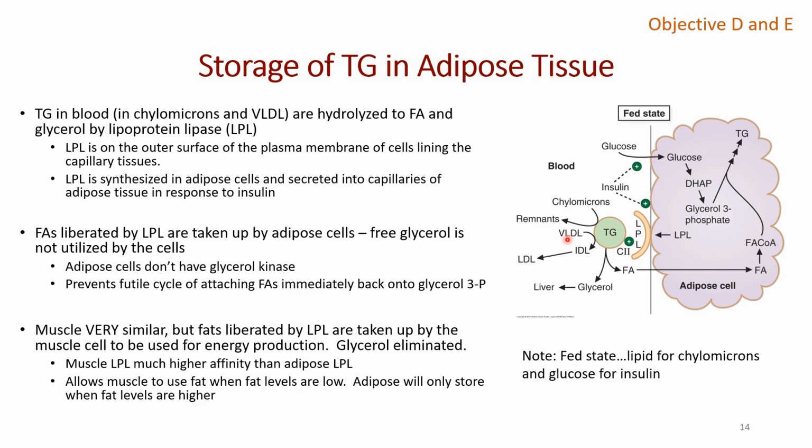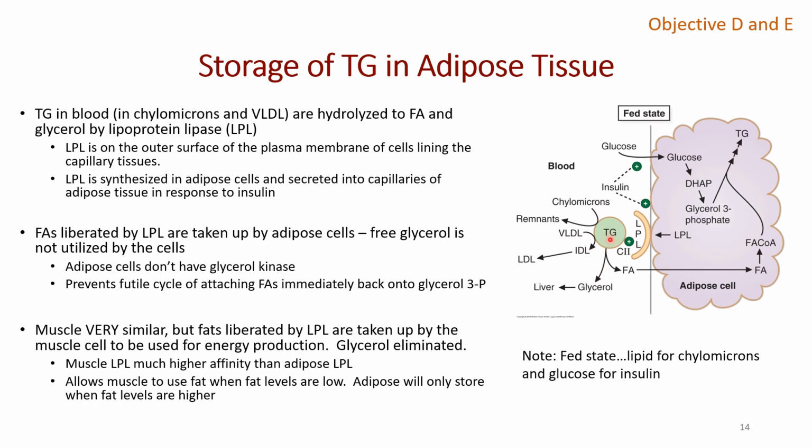If you're a VLDL particle, the liver put a lot of triglyceride into you, but it also put a lot of cholesterol into you. And when the VLDL loses its triglyceride, it becomes primarily a cholesterol particle, and that is what a low-density lipoprotein is. So VLDLs become low-density lipoproteins when they lose the majority of their triglyceride. We will develop this with the blood lipoprotein lecture coming up.